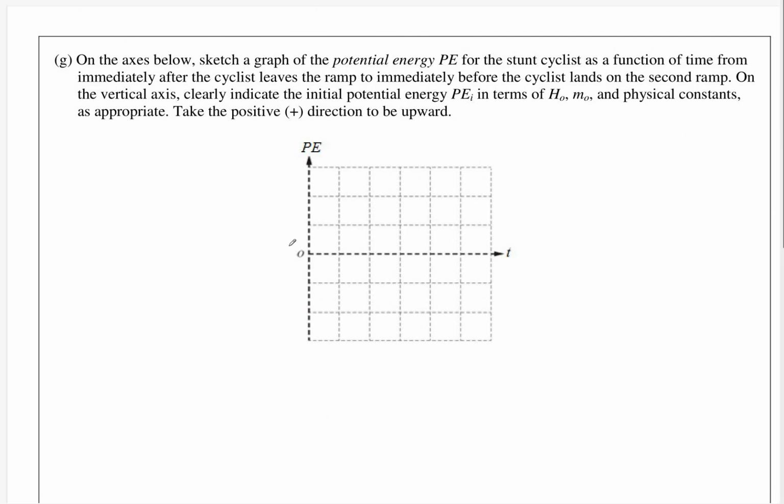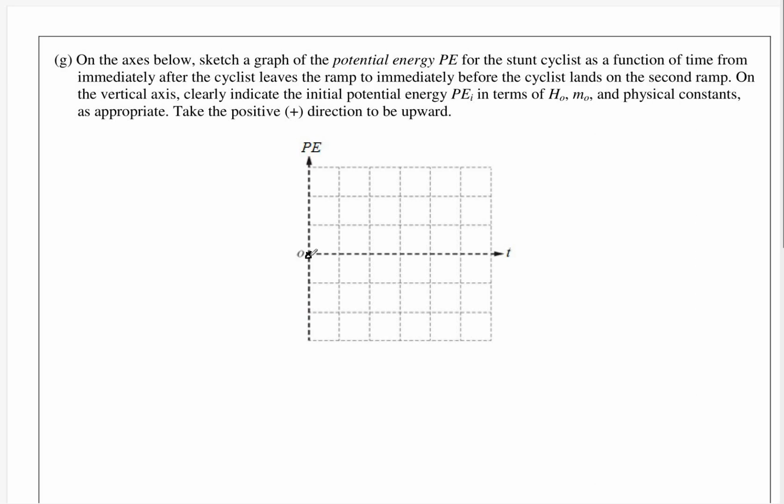Alright, part G. On the axes below, sketch a graph of the potential energy for the stunt cyclist as a function of time, from when it leaves one ramp to the second ramp. And then on the vertical axis, clearly indicate initial Pi in terms of h, m. Okay, so it goes off the ramp, and then it gains height.